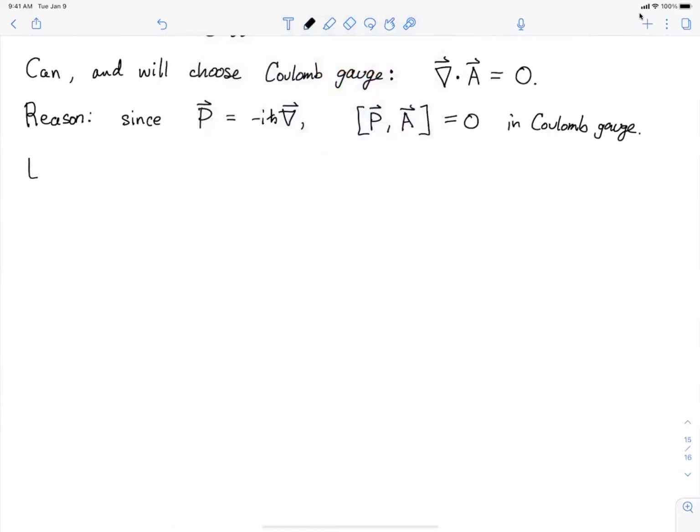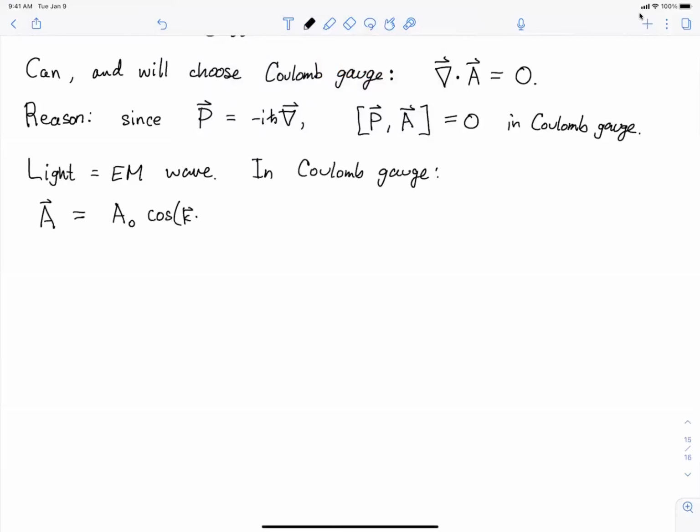Okay, so light is an electromagnetic wave. And in Coulomb gauge, when you're describing such an electromagnetic wave, it has the nice property that the vector potential is itself a wave. It's got some amplitude, A₀. There's a cosine(k·r − ωt). And then there's a polarization vector because it has to have a direction. I'm going to be calling curly E the polarization.